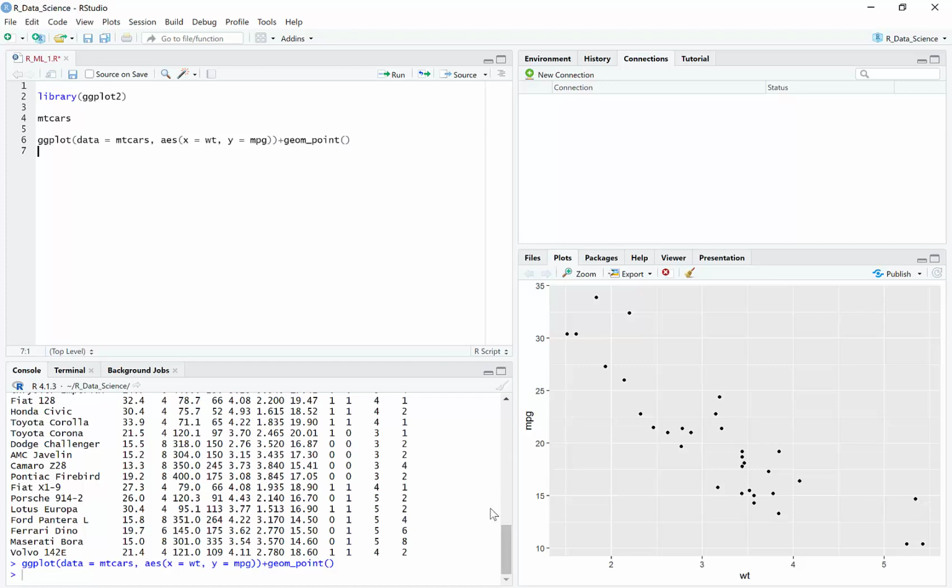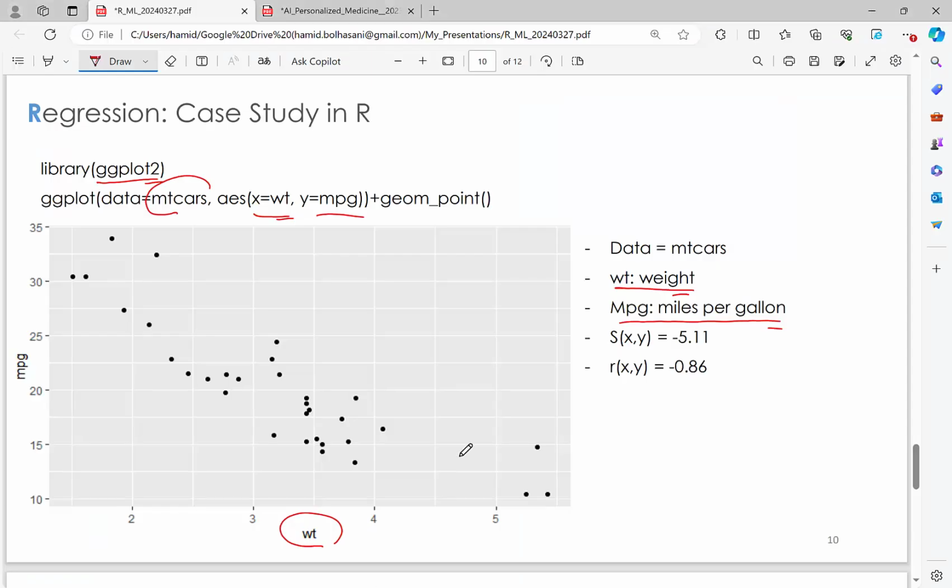As we expected, we can also see from the diagram that as the weight is increasing, the miles per gallon is decreasing. So this is, for example, a line that I have fit, like what we learn in regression.